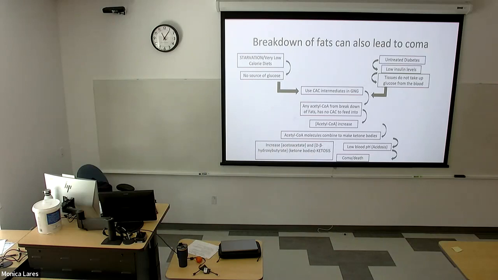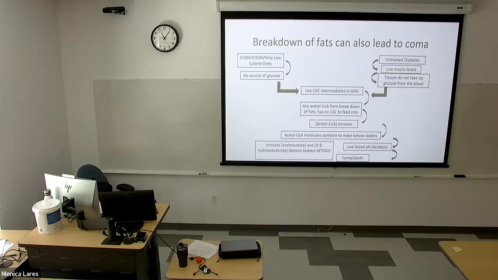We'll look at the structures of those and how they combine, but this is just an introduction to this idea. Ketone bodies are acetoacetate and D-beta-hydroxybutyrate. The concentration of those starts to increase, and that leads to the condition known as ketosis.